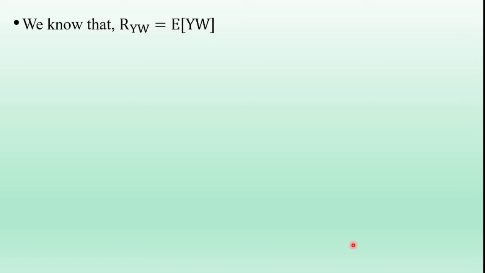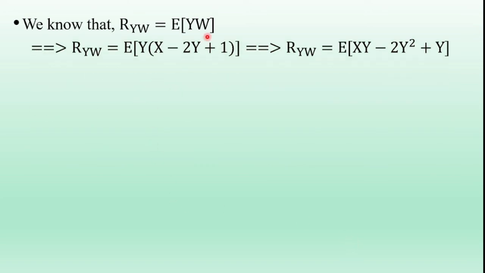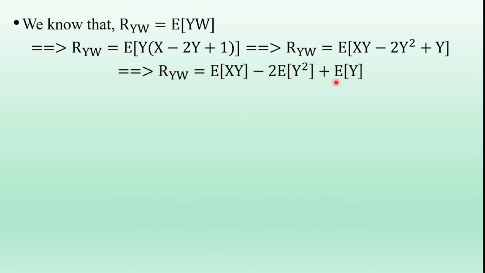Given that W is defined as X minus 2Y plus 1, substitute that value here, and after multiplying within the bracket, we get R suffix YW is equal to the expectation of XY minus 2 times the expectation of Y square plus the expectation of Y. In the first bit, the expectation of XY was calculated as 3/4, minus 2 into the expectation of Y square, which is 5, plus the expectation of Y, which is 1. Simplifying this RHS, its value is minus 8.25.